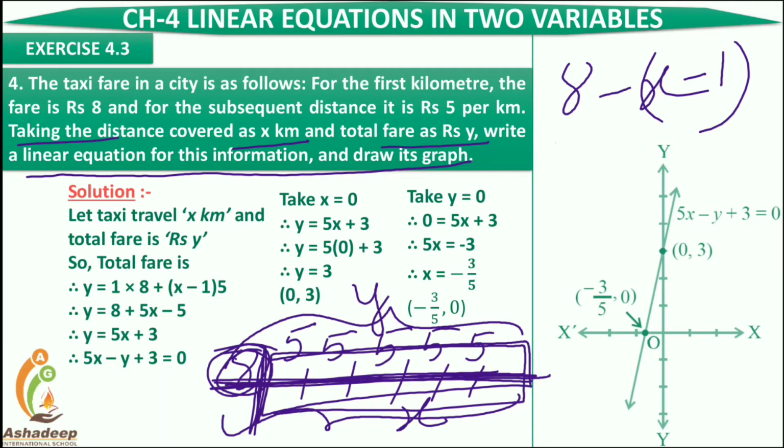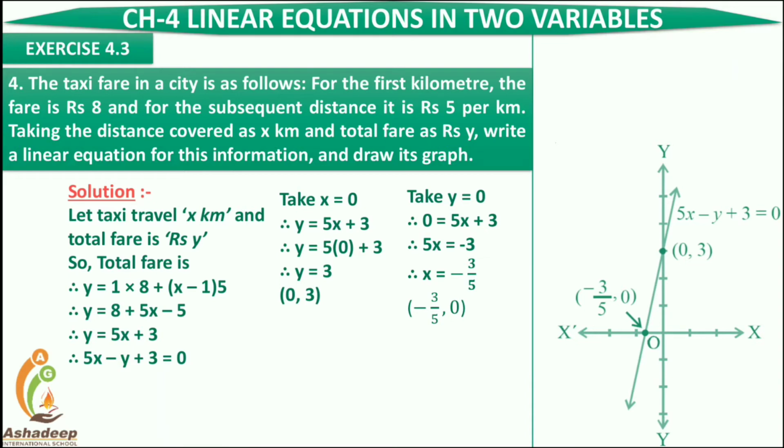Right. So for this, how many times 5 does he have to pay? 1, 2, 3, 4 and 5 times. Why? Because here it is 5 kilometers. But here we have the x minus 1 kilometers. So multiply 5 with x minus 1. So you can see over here, that is 1 into 8 and x minus 1 into 5.